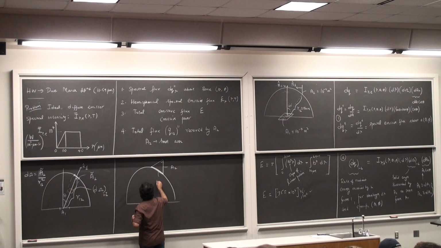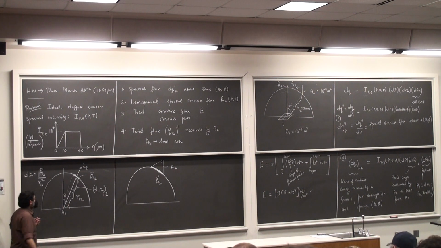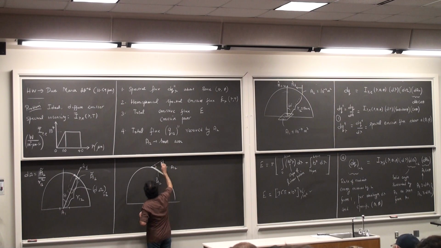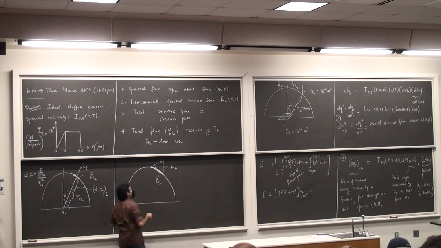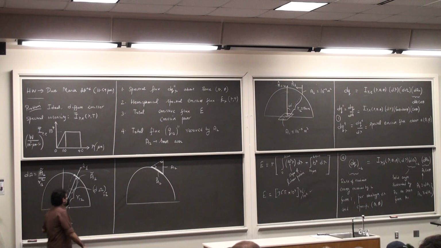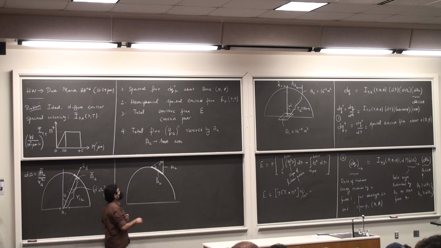And this is going to be A2 tilde, perpendicular here, I'm sorry. This is some angle. This is going to be the same angle theta from geometry. And so A2 tilde is essentially A2 times sine of theta. Does this make sense to everybody?